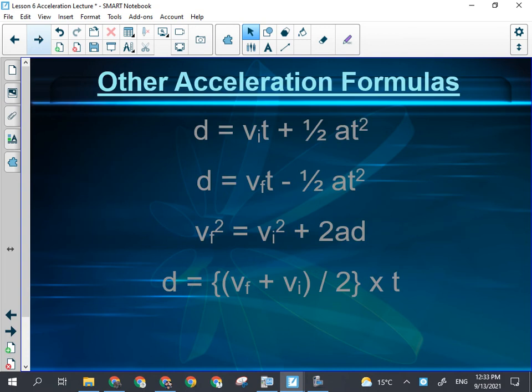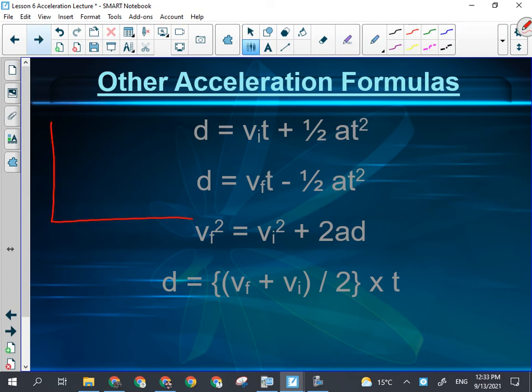All right, here are the other formulas that we're going to learn about today. We're going to learn about this one here, which calculates displacement using VI times t plus 1/2 AT squared. Where this formula comes from is your velocity versus time graph.